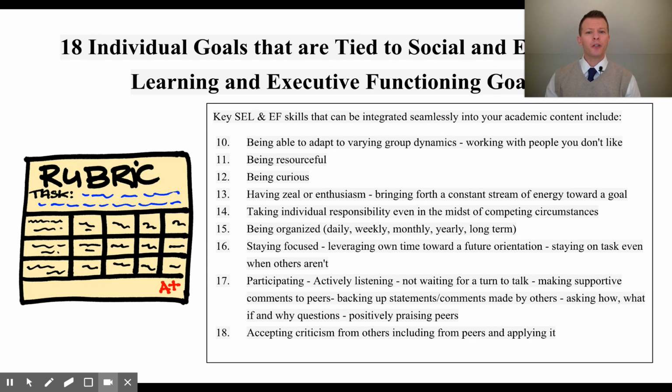Being curious, number 12, the idea of being a problem solver, right? The strongest, most effective adults, they're able to not only solve problems, but do so in a way that poses questions, that potentially will answer or provide solutions to future problems that don't even exist yet.